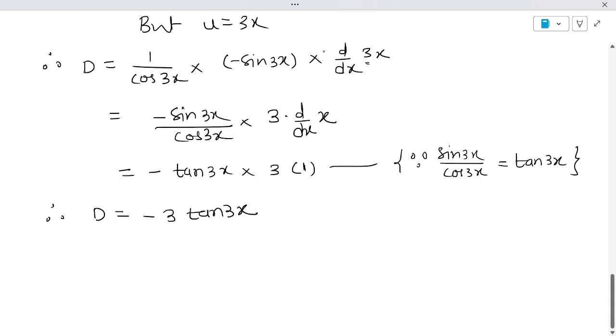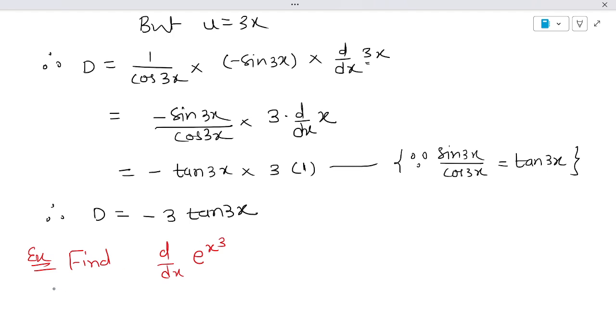Okay. Now one last example. Consider, find derivative of e to the power x cube.